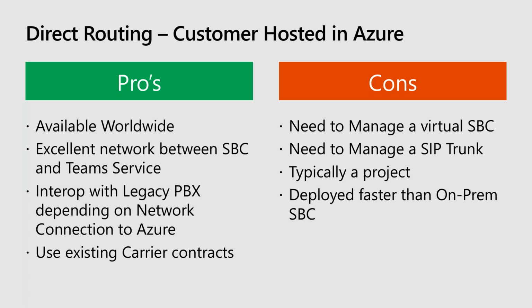But we can probably do it. And then we can still use existing carrier contracts. And then the cons are, of course, we need an SBC, we need to manage the SIP trunk. It's also going to be a project. It's probably going to be faster than the customer hosted model without Azure, but it's still going to be a little project.